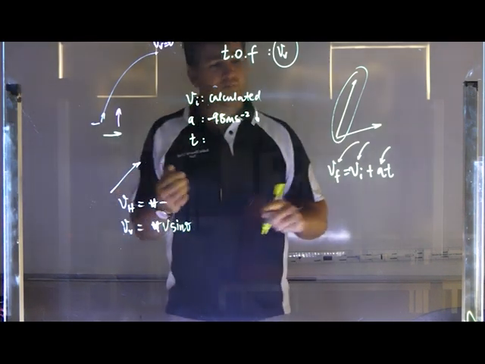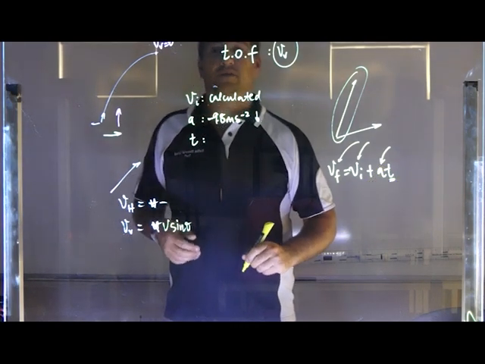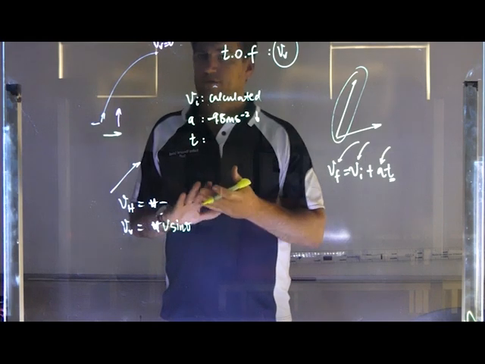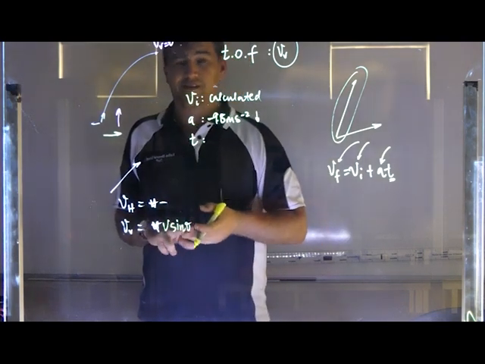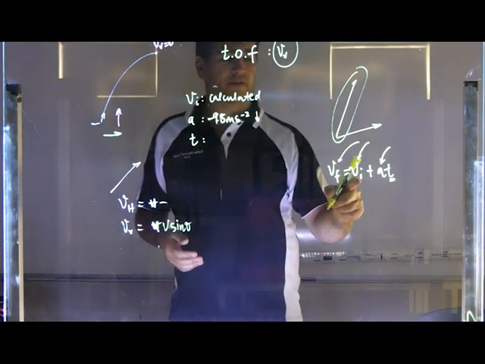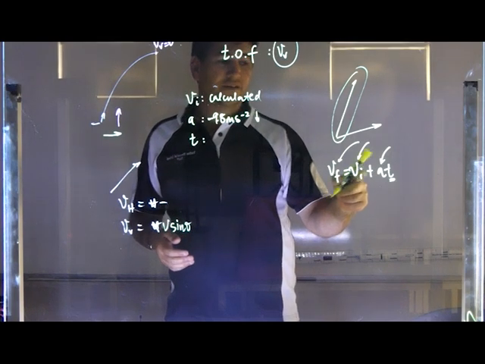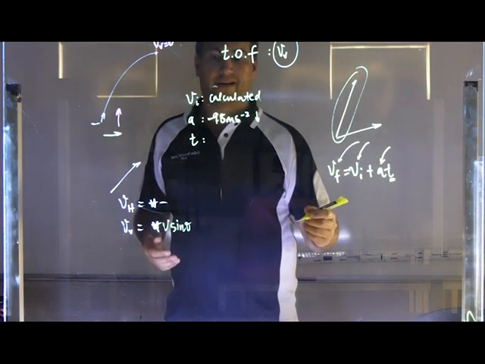So we need to go back over here, rearrange that to get t on its own, and remember, hopefully maths from year 9, if not year 10, if not year 11, and if not that, then from now, we're going to do inverse operations. The initial velocity's been added to the acceleration and time, so we're going to move it to the other side. If we move the thing that's been added, we have to make it a minus, effectively.